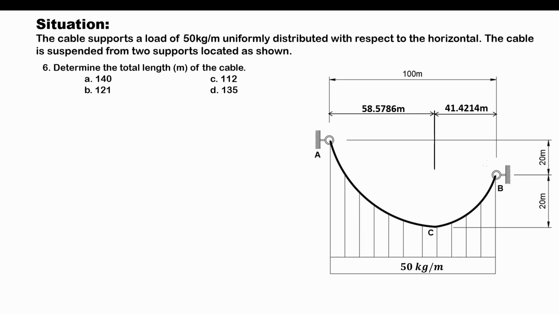So our first objective here is to determine the equation of the parabolic cable. Let's first locate the Cartesian plane, and we will gain so much advantage if we locate the origin at the vertex. So let's say this is the Cartesian plane, and since we've located the origin at the vertex, or at point C, the vertex will have a coordinate of (0, 0).